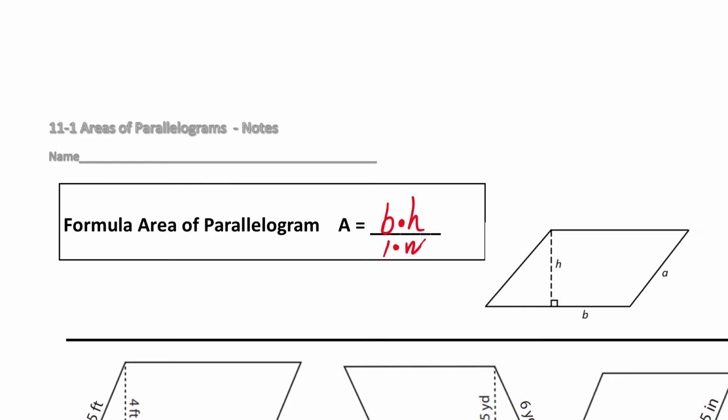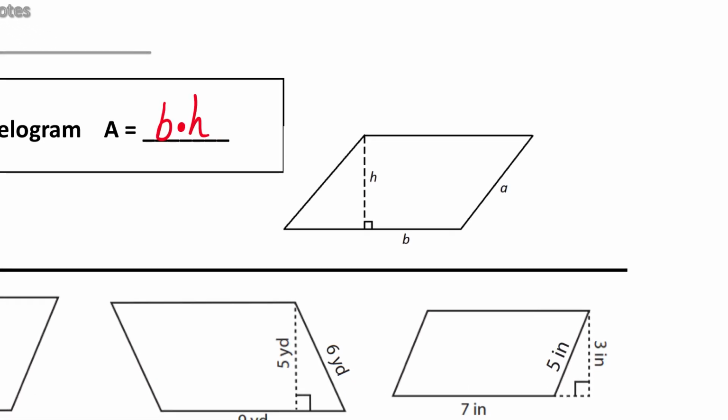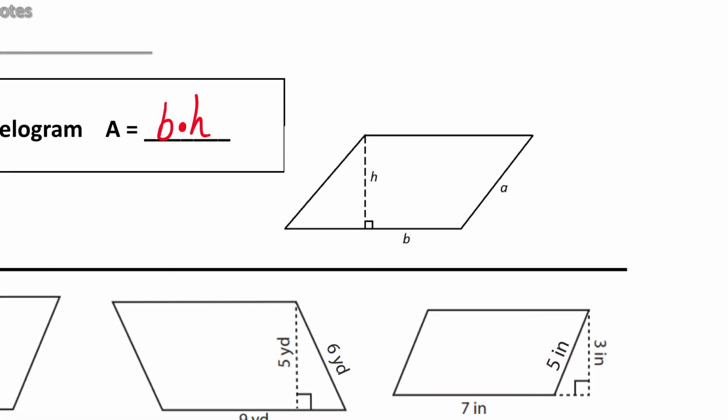But when I'm talking about parallelograms in general, I'm generally going to talk about it in terms of base and height. So you can see in this little figure of this parallelogram, this right here is the base, and the height is the distance that is perpendicular to the base, going to the other base.